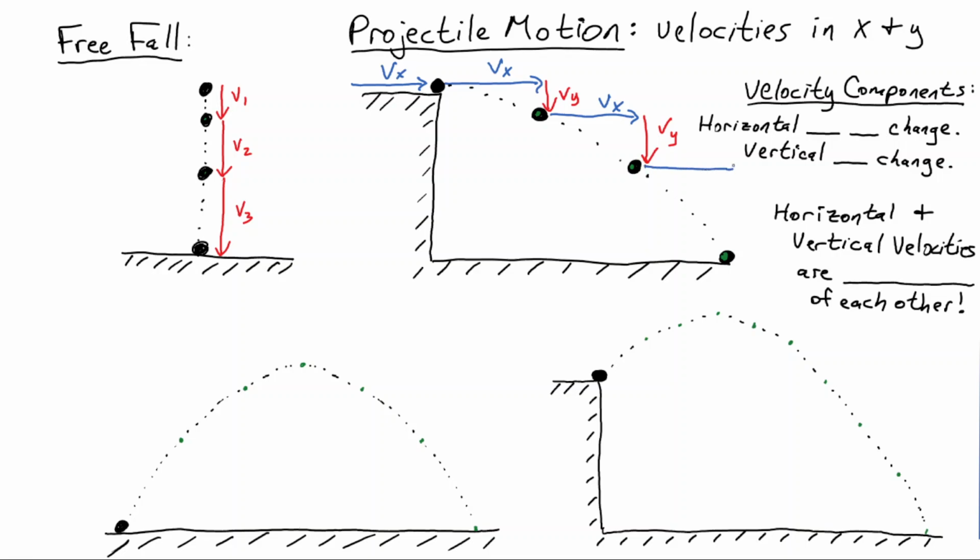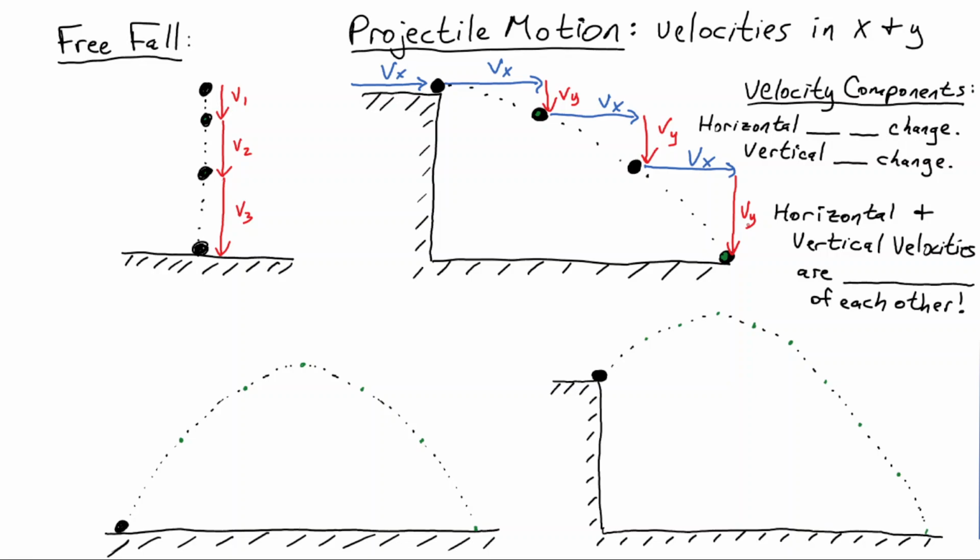And once again, it will have this velocity in the x direction looking like this, and the velocity in the y direction looking like this. So that's the parabolic trajectory of the ball.